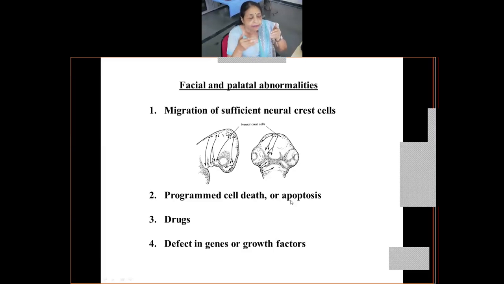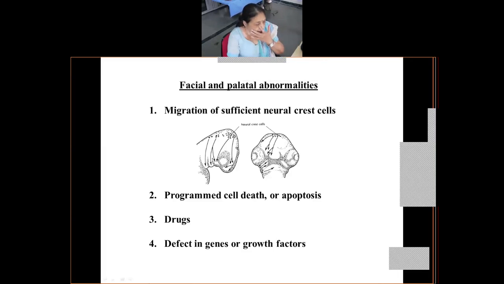If there is no apoptosis, there will be abnormality. Then some drugs, like anti-cancer drugs, anticonvulsant drugs, and for acne some chemicals, may cause cleft lip and cleft palate.